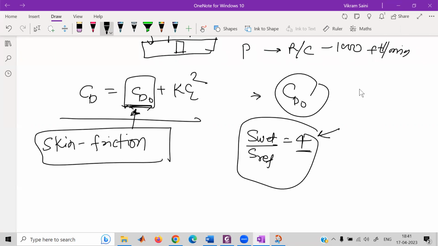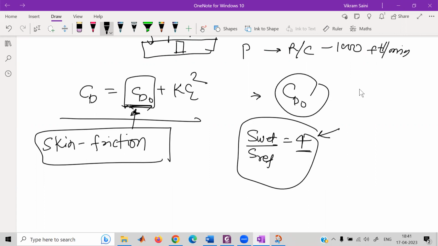What are other contributors, by the way, in CD naught? Sir, maybe there can be pressure drag. Pardon, sir? Like the question was, apart from skin friction, what are other contributors in CD naught?